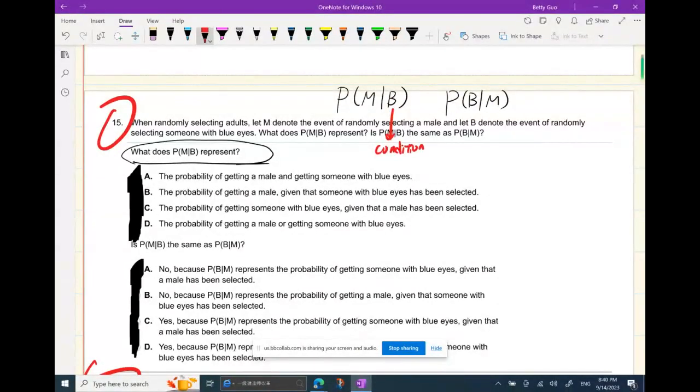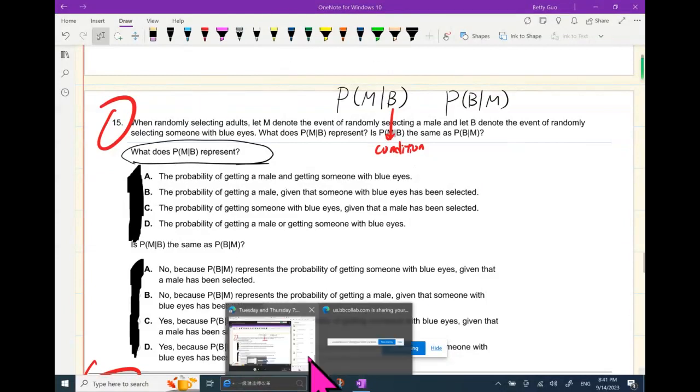Condition means B already occurred. It means you already know the subject you picked has blue eyes. Under that condition, the probability of getting a male. Let's see what you choose.